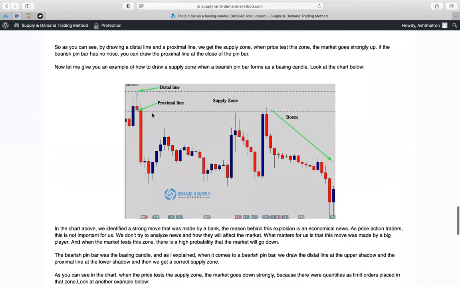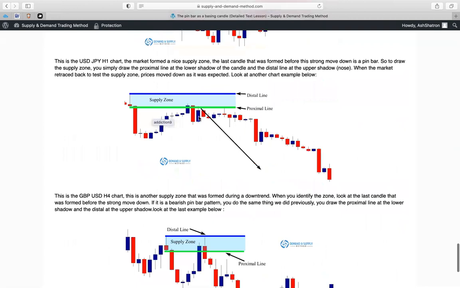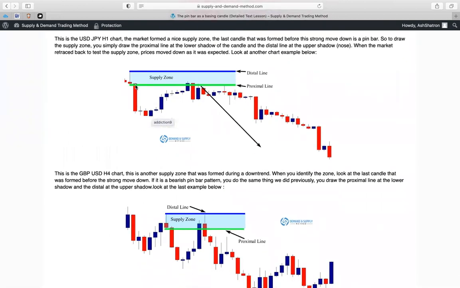So this is also an example for a supply zone, right? This was a very strong move to the downside. This was a pin bar candlestick, and then your proximal line is always going to be on the body or on the wick, and then your distal line is going to be on the last wick. Same thing, right? This was the rally to the downside, the momentum. So remember, I was talking about it has to be a very strong candlestick to the downside.